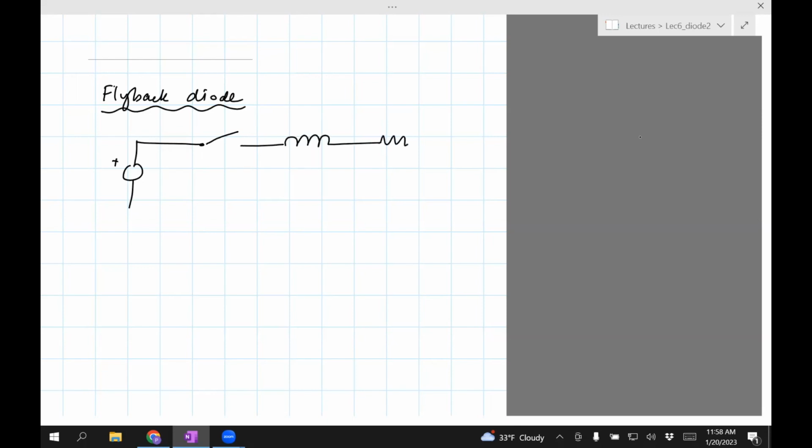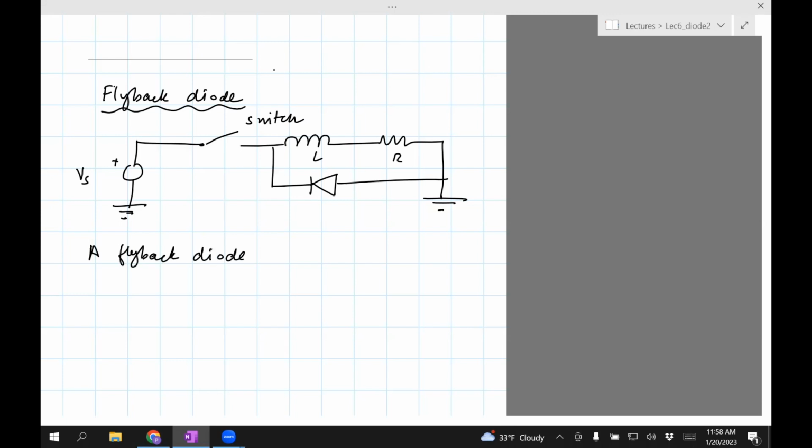This is an inductor, this is a resistor. And then the diode is connected in this fashion to the switch. So VS, L, R. A flyback diode is used to protect the switch.